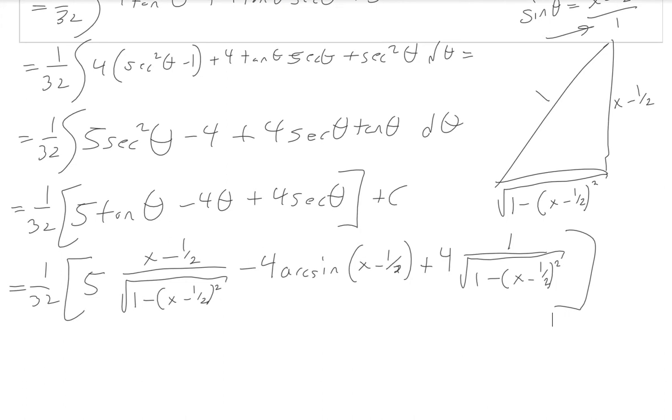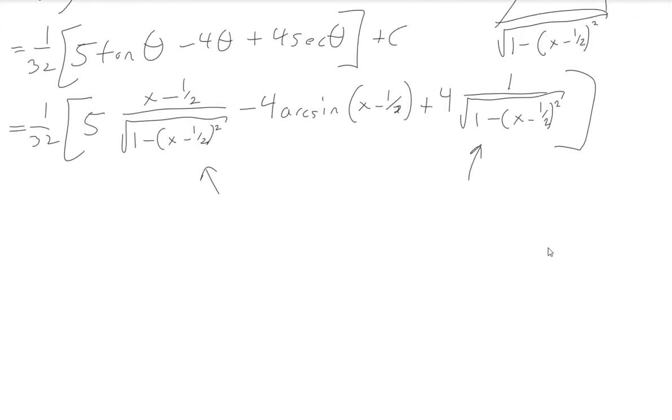Now at this point, there's probably some simplification that could be done. For example, I do see we have common denominators here. So we should be able to add this, maybe make it a little bit nicer looking. So 1 over 32, this is 5x. So 5x minus 5 halves plus 4.